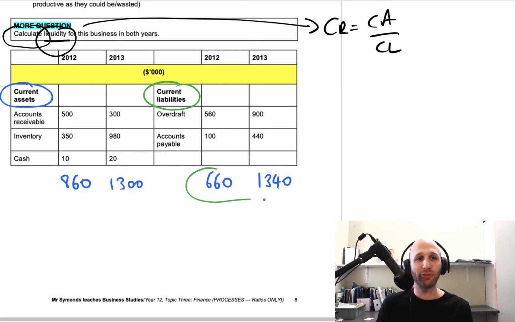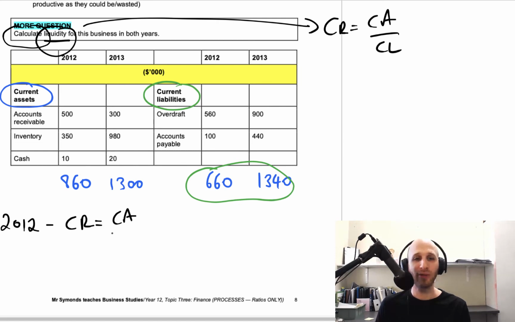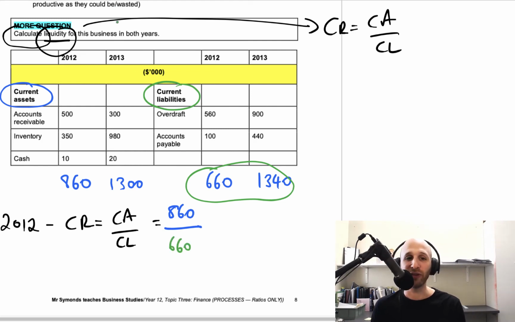Let's start with 2012. The current ratio equals current assets over current liabilities, so that's going to equal current assets of 860 divided by 660, getting the colors right.